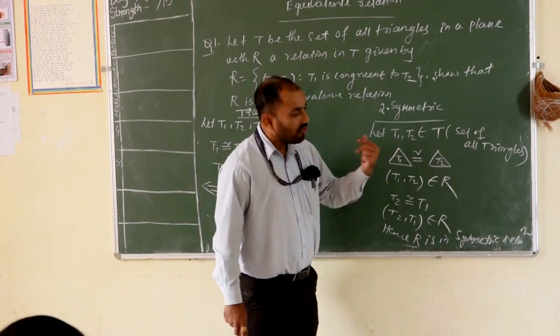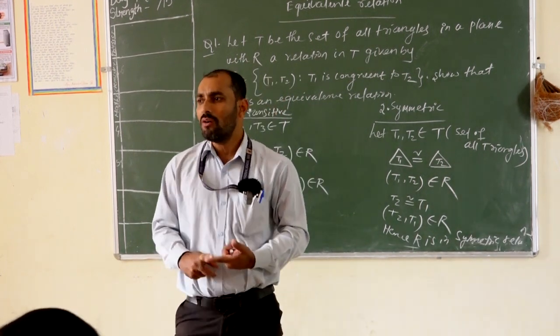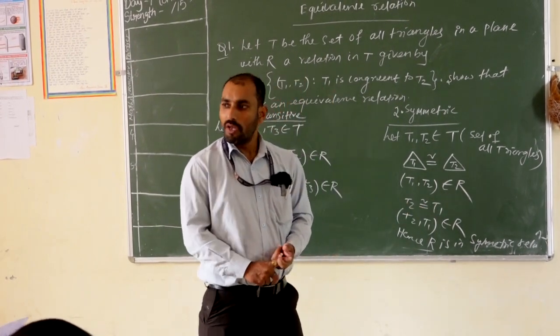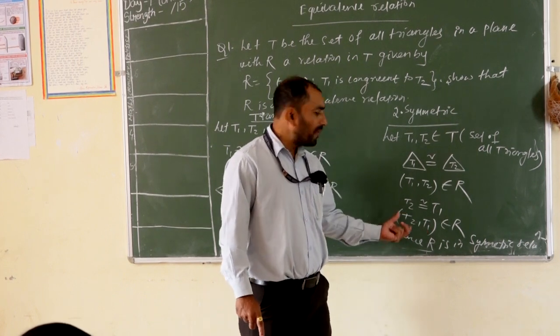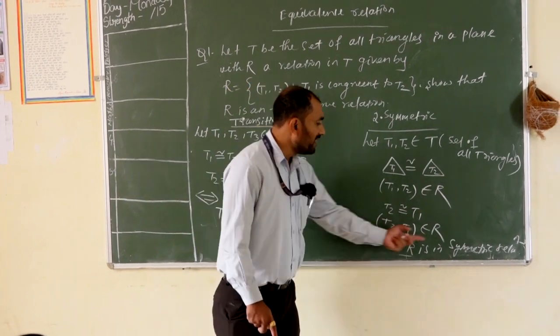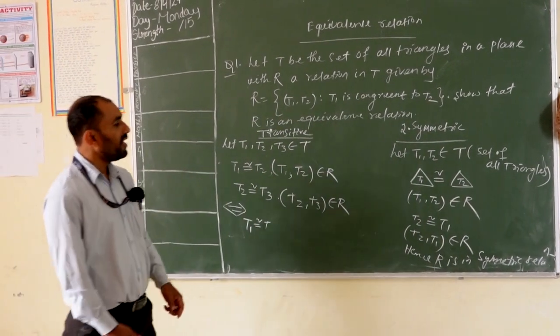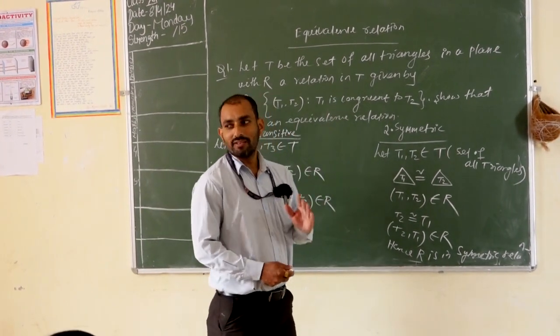If T1 is congruent to T2, definitely T2 is congruent to T1. Hence the ordered pair T2, T1 also satisfies this relation. Hence R is a symmetric relation, as per the symmetric relation condition.